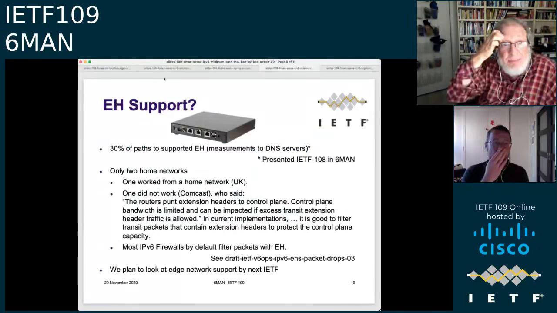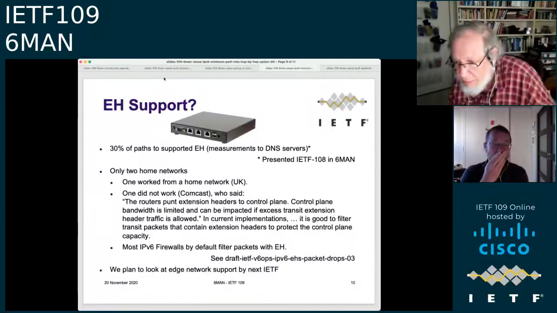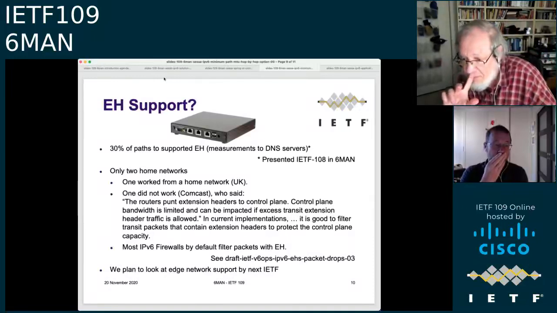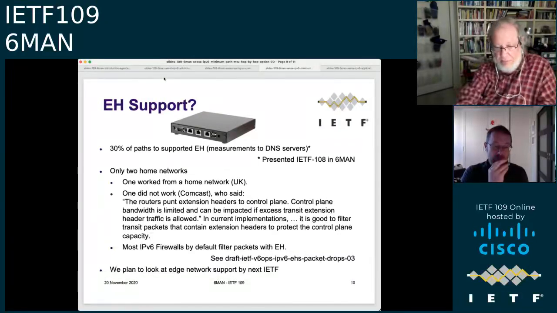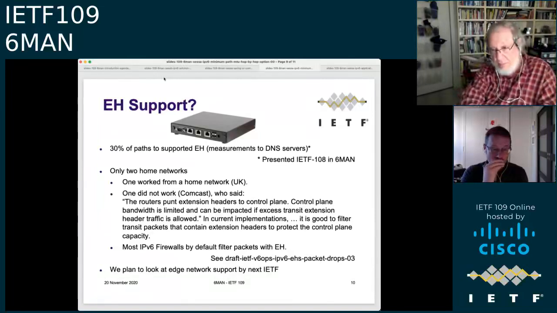There are other issues. Let's look at extension headers themselves. If you could use the hop by hop option to discover a big MTU or even just a small MTU, how many paths support extension headers? Well, we did quite a large survey, but we used a DNS server as target, so UDP packets to a DNS server.